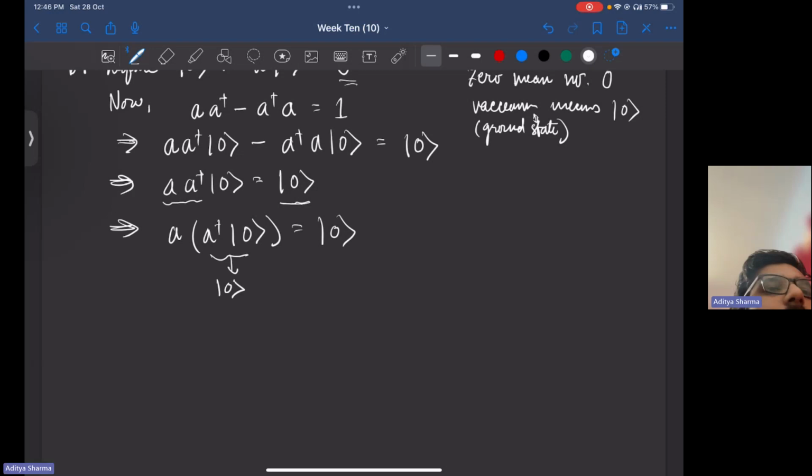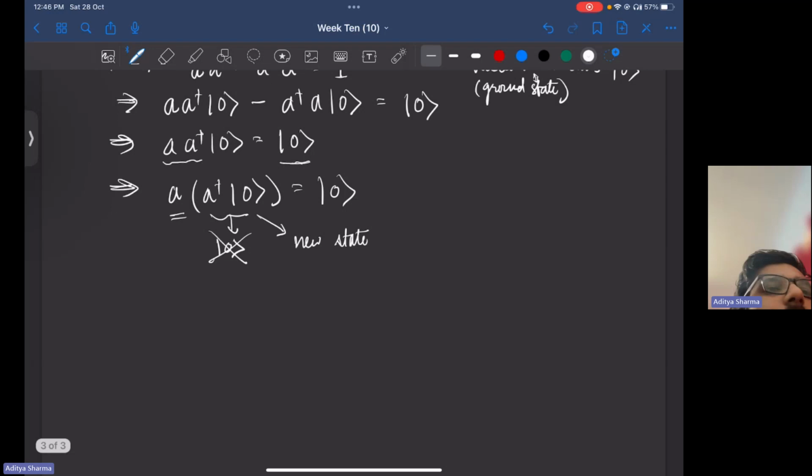This is a new state, which when acted on by a gives the ground state, and we know such a thing by defining a dagger a as the number operator and working out the commutation between this and H, and also between these two.